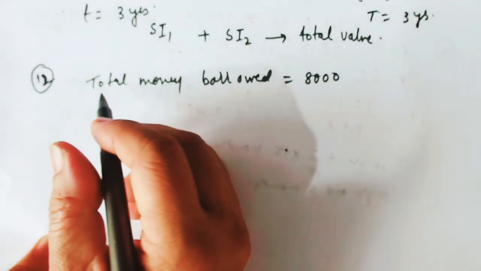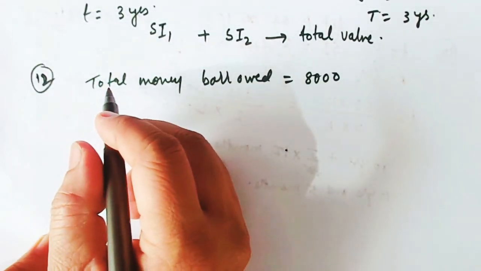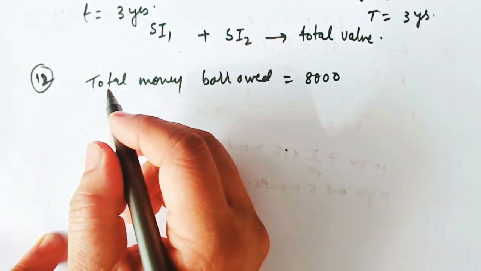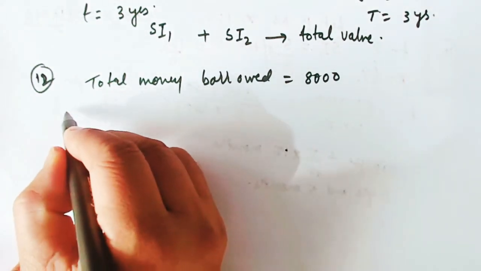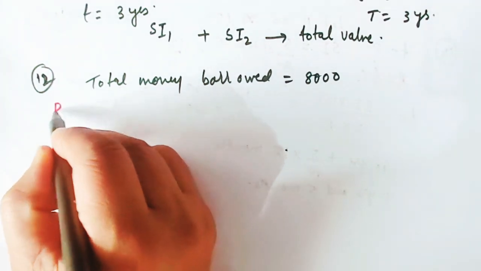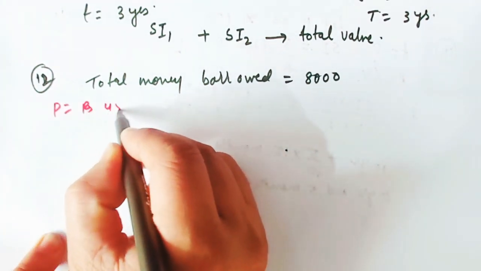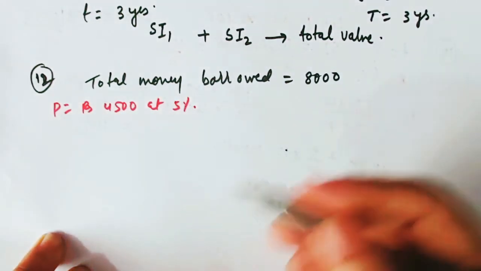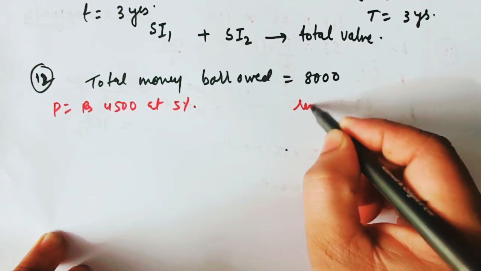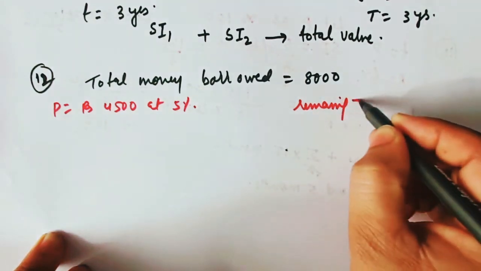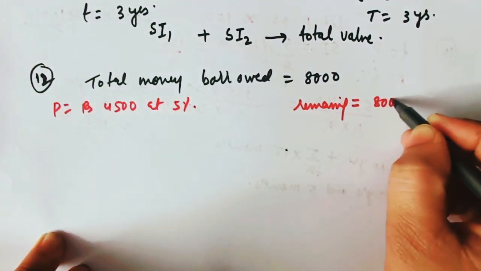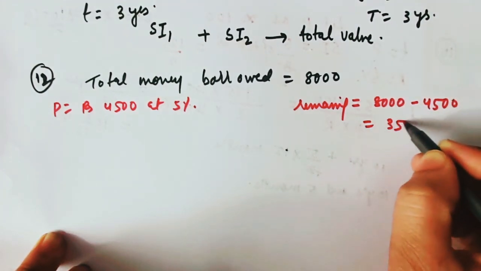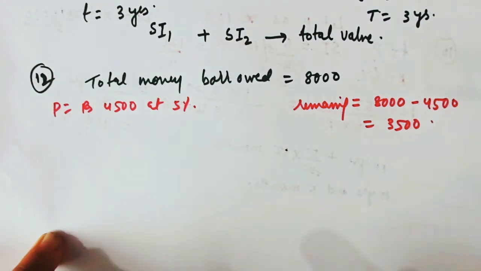He lends 8,000, out of which rupees 4,500 at 5%, and the remaining, how much is the remaining? Your remaining is 8,000 minus 4,500, which is equal to 3,500, the remaining principal.